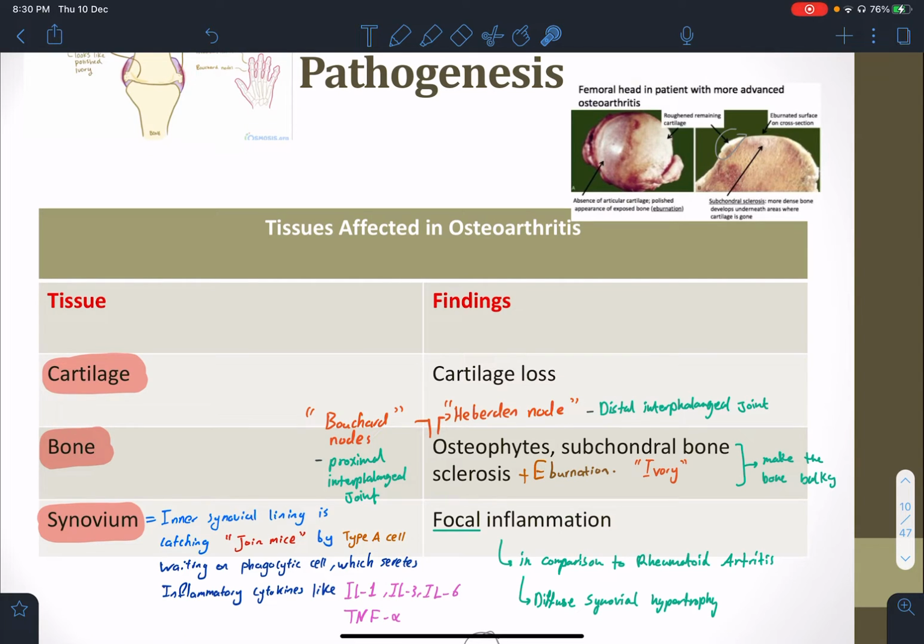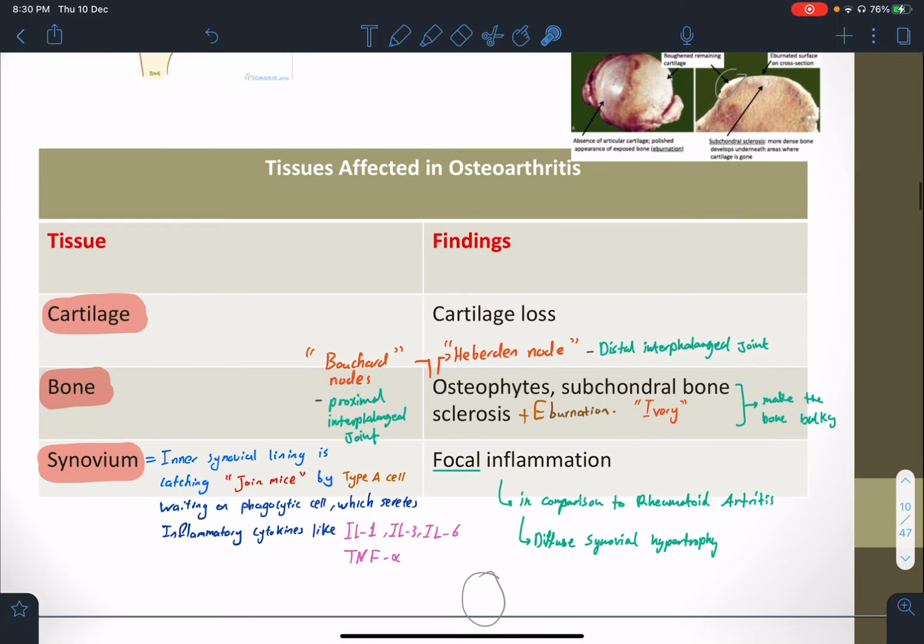That's about the bone. And the synovium will have focal inflammation.